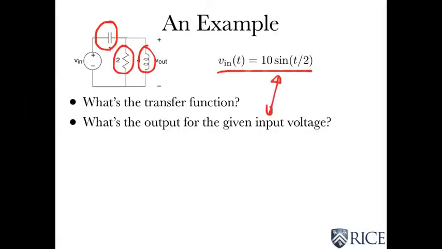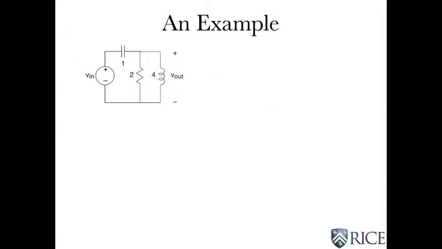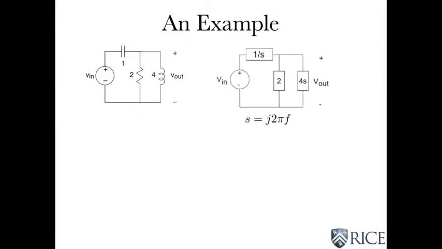Okay, so we now know what to do. So here we go. The first thing we do is take our circuit and replace it by one having impedances, where again these are complex amplitudes. Now, I've done a little notational thing for you here.